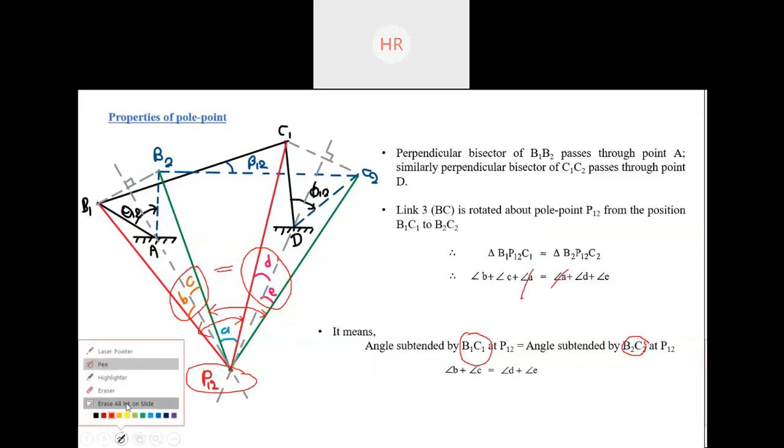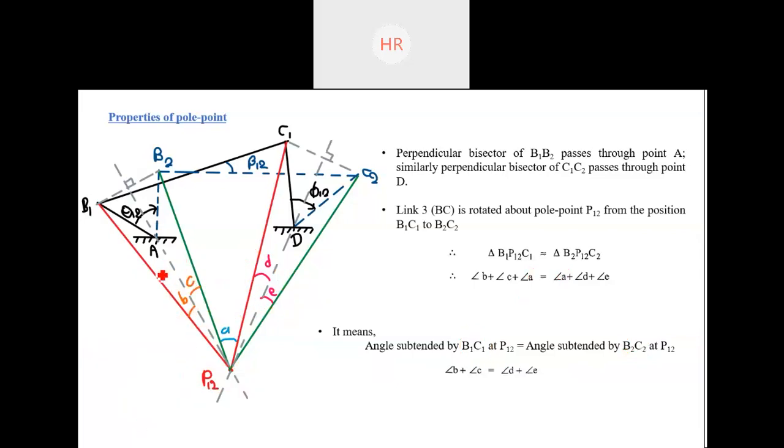अगर दूसरी तरह से देखें तो suppose if this link B1 C1 is moving to B2 C2, तो B1 का सेकंड पोजीशन क्या होगा, B2. तो ये जो रेड कलर की लाइन है वो इतना एंगल कवर करेगा तब ये ग्रीन कलर की लाइन पे आएगा.